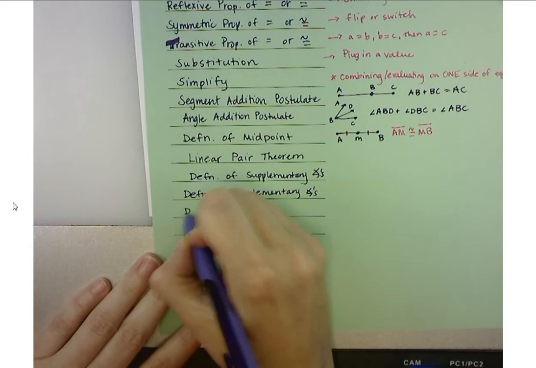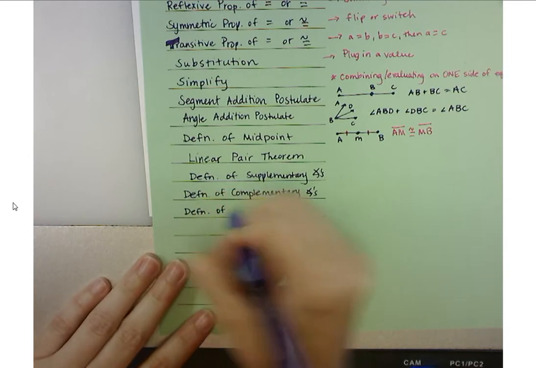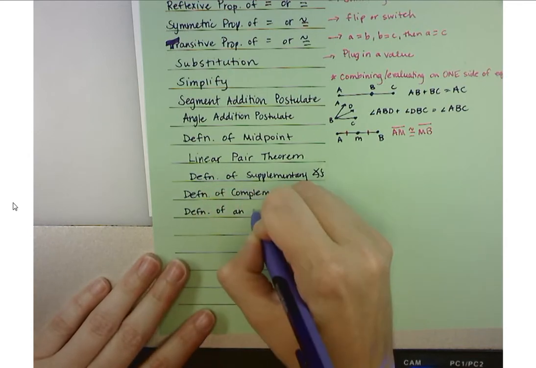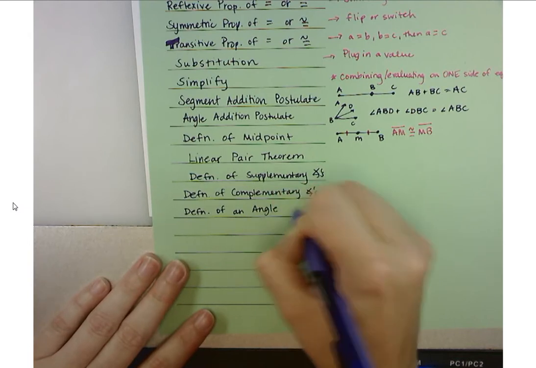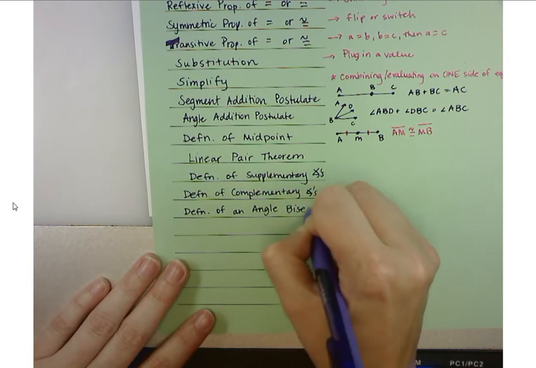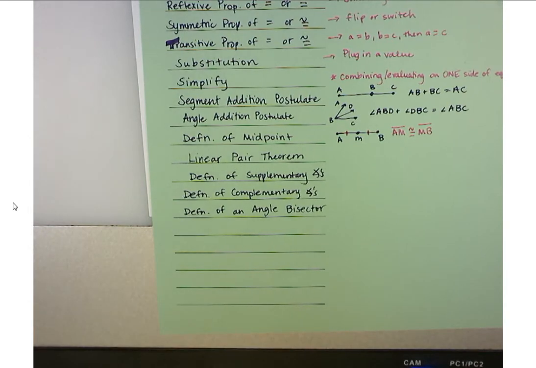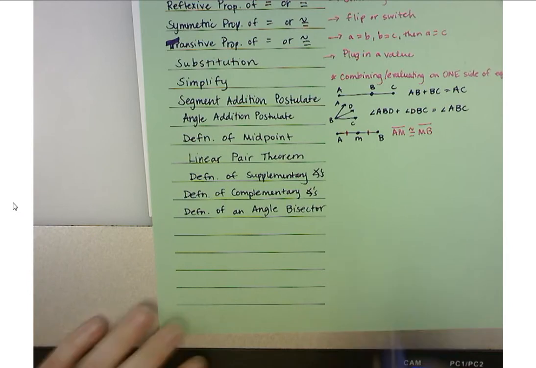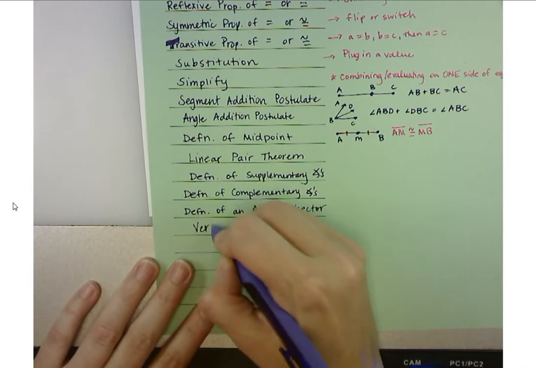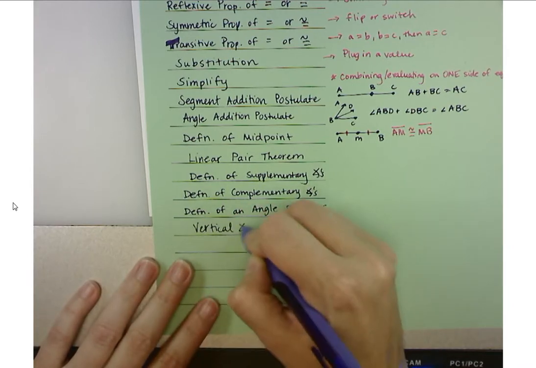There's the definition of an angle bisector. There's the vertical angles theorem.